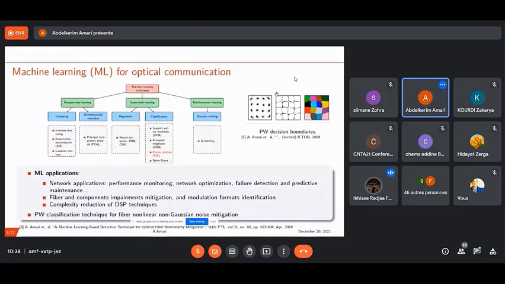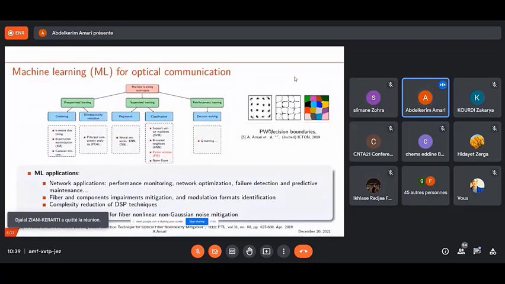So usually, the standard way to do the detection at the receiver side is to use minimum Euclidean distance, and do calculation of the distance between the received sample and the constellation points, and we get straight lines for the decision boundaries.